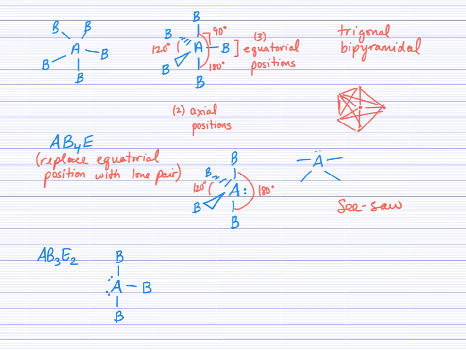So this bond angle is 90 degrees here, and this bond angle from here to here is 180 degrees. I'll twist this on its side so you can see the bonds that are in the same plane. And can you see how this essentially forms a T? So this is called T-shape.